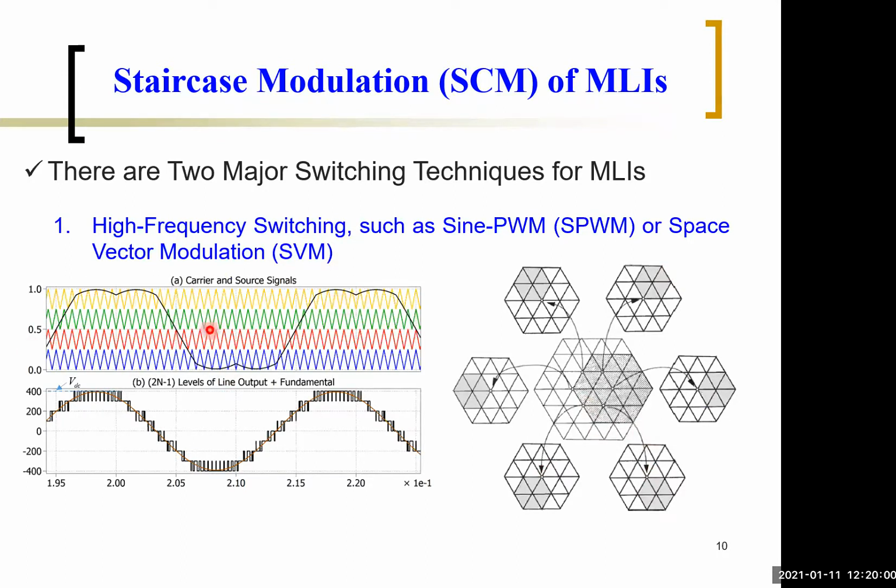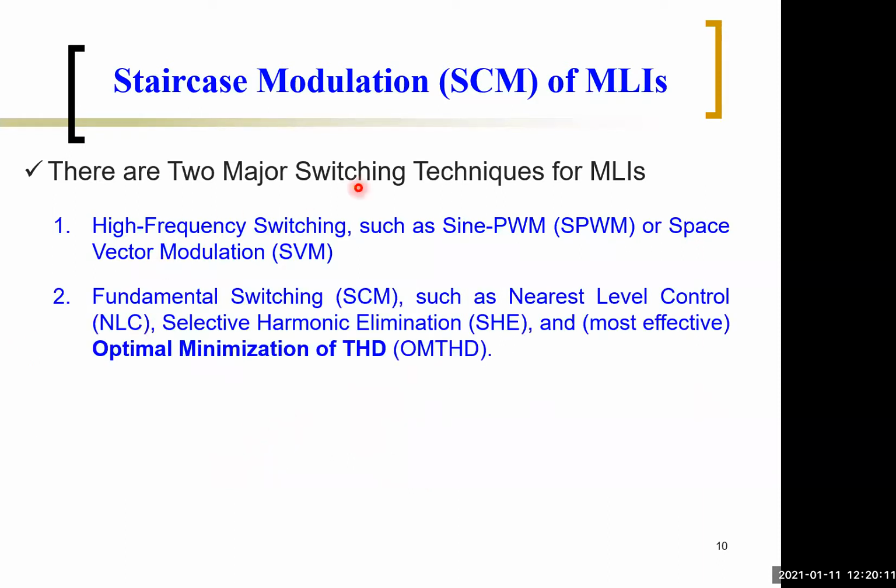And this is the concept of sine PWM, both of which will result in this type of multi-level, high-frequency waveform. And the second switching technique is the fundamental switching, or SCM, staircase modulation, such as nearest level control, selective harmonic elimination, and the most widely used and also most effective, which is the subject of this research, the optimal minimization of THD, or OMTHD for short.